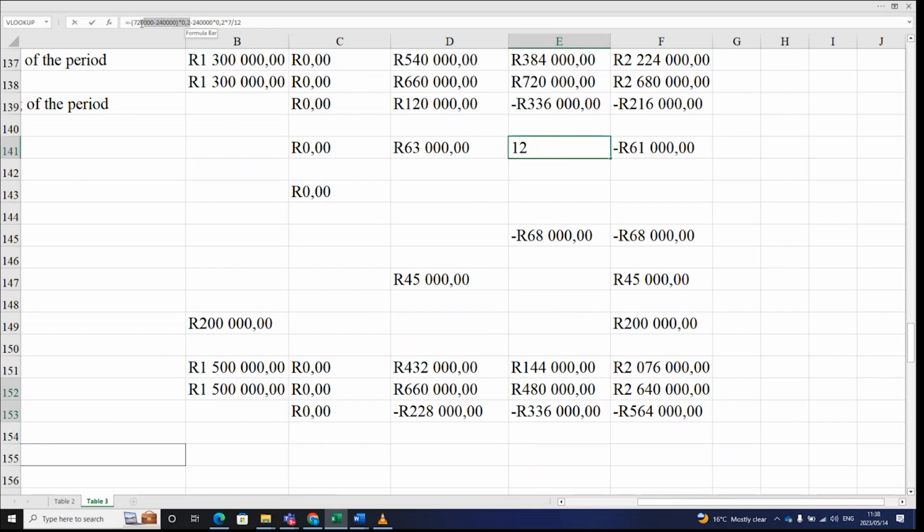All right, and then just want to copy this formula here for the remaining assets so that we see the depreciation of the remaining assets. That gets us to 242,000 Rand.